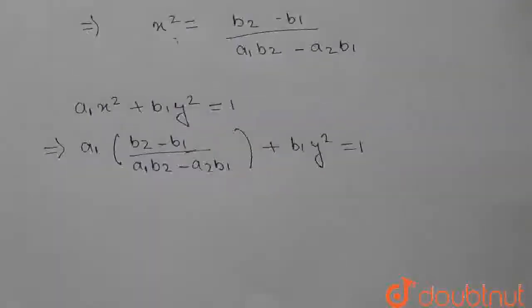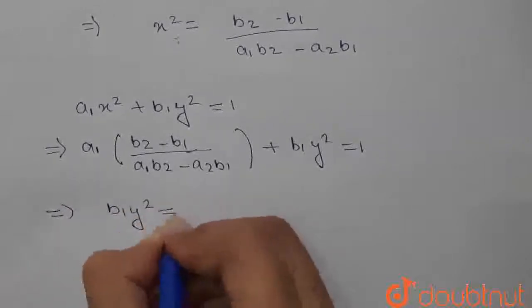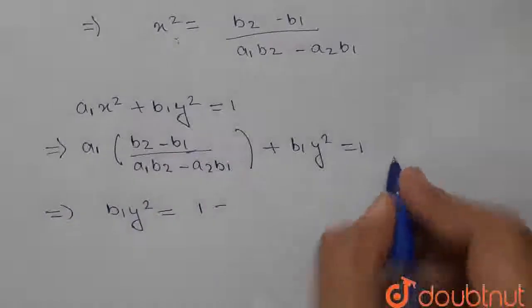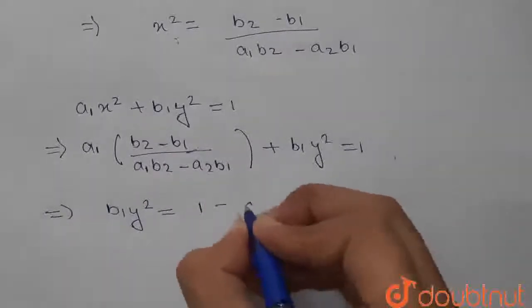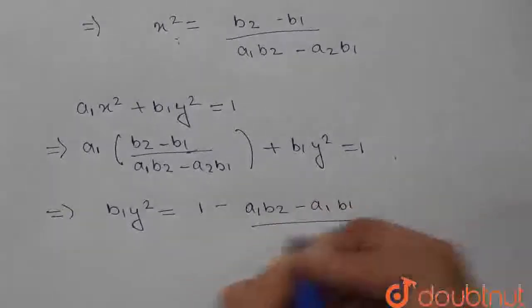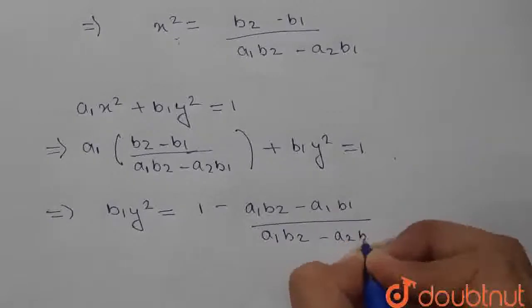From here, b1 y square will be equal to 1 minus this, where I am multiplying inside and taking it on the right hand side. So this will be 1 minus a1 b2 minus a1 b1 divided by a1 b2 minus a2 b1.